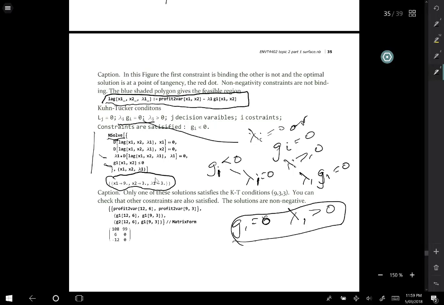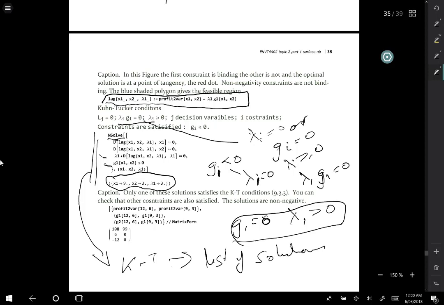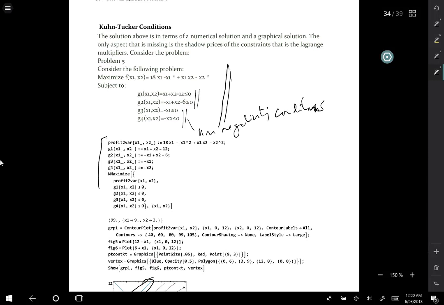This is cheating a bit because in actual fact applying the Kuhn-Tucker conditions leads to a list of solutions, and the only way to differentiate between them is really to go through and check the logic of each of the solutions, and because this is a pretty difficult and tedious process, the only real solution to this is to use something like Mathematica and NMaximize.